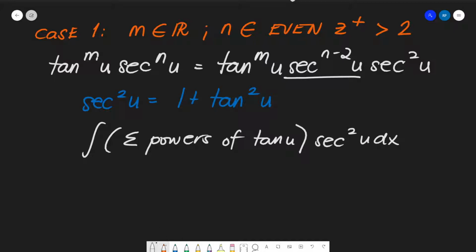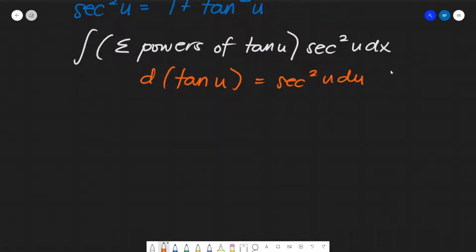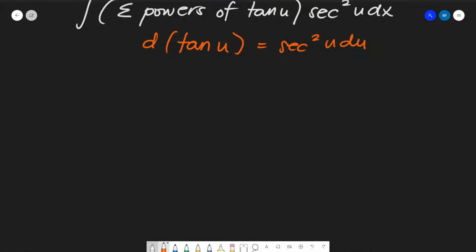Obviously, yun nilabas natin, na secant squared u du. So, yan yung ating property for case number 1.